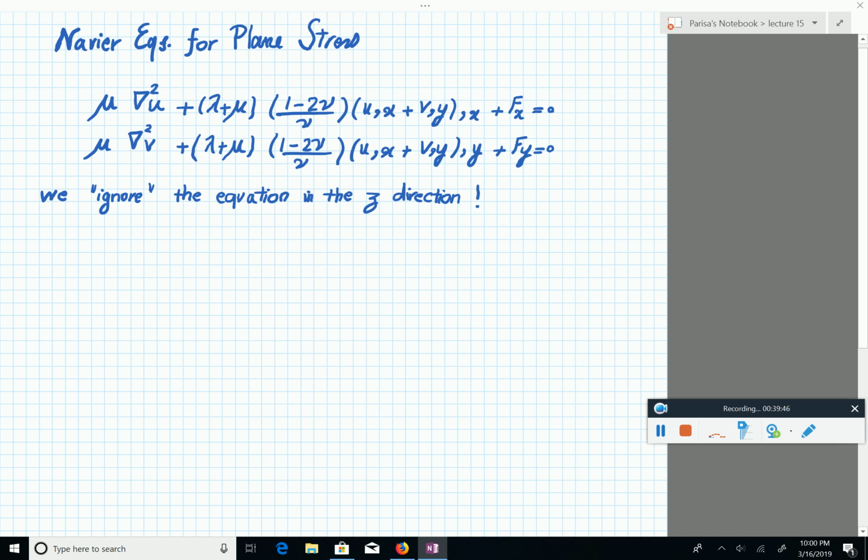So you saw that the out of plane displacement component is not generally zero, and generally the components of displacement actually depend on z, which makes the problem three-dimensional.